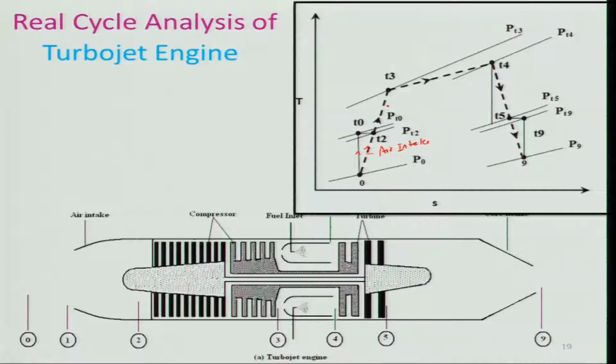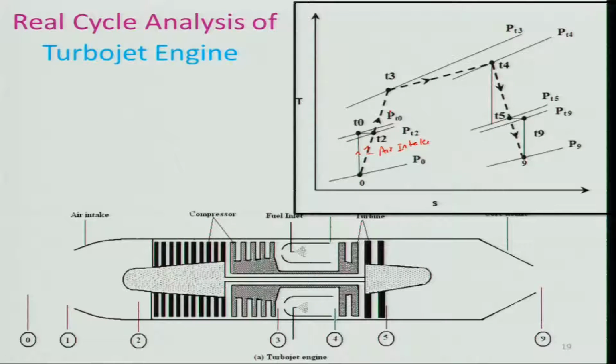Why? Because this is non-isentropic in nature, and as it is non-isentropic, you cannot show it in a TS or PV diagram, as you must know from the thermodynamic point of view. However, we have joined these points as a dashed line to make it more prominent, so that you can appreciate it.